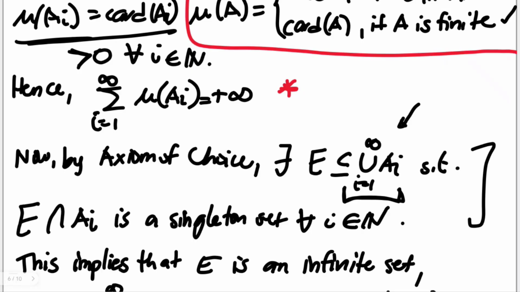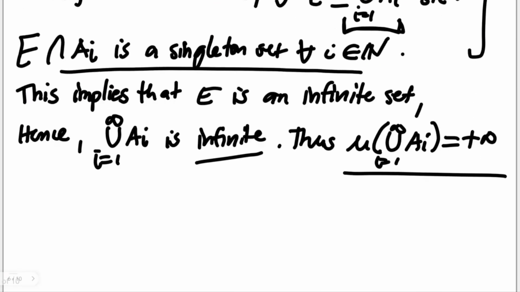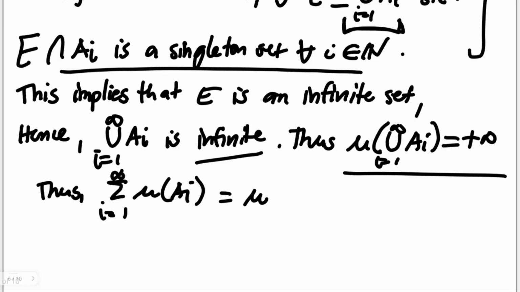But since E intersection A sub I is a singleton set for any I element of integers, it can be considered that E is an infinite set. This is also positive infinity. Thus we were able to establish for this subcase that the summation of the mu of A sub I, where I starts from 1 to infinity, is equal to the mu of the union of A sub I's, which is also positive infinity. So subcase 1 is already okay.